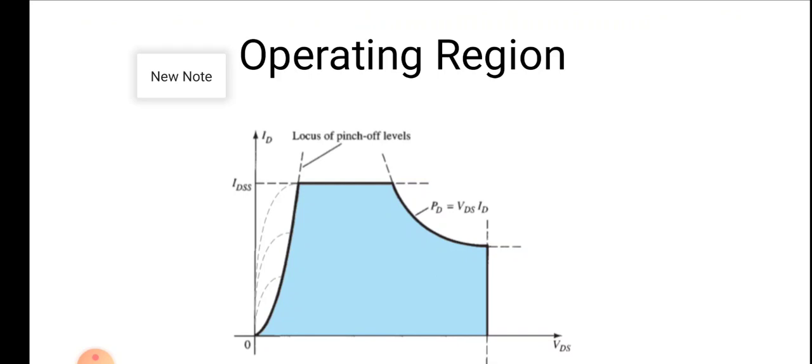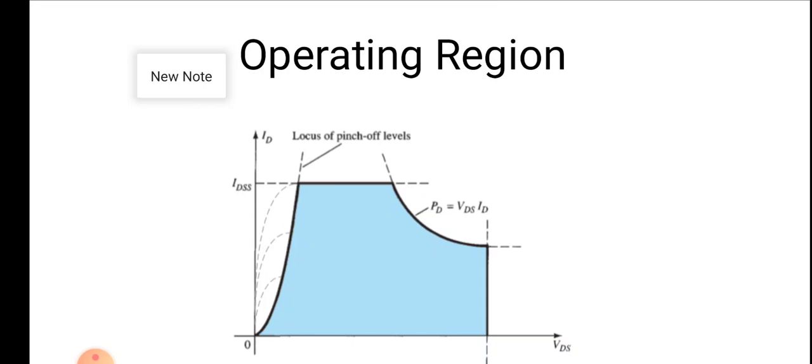That should not be beyond the rated value given in the data sheet. If you are working at lower VDS, then the current can be more. But if you are increasing VDS, since this PD is a fixed value, let us consider that the manufacturer is saying that you cannot operate your FET for more than 3 watt.